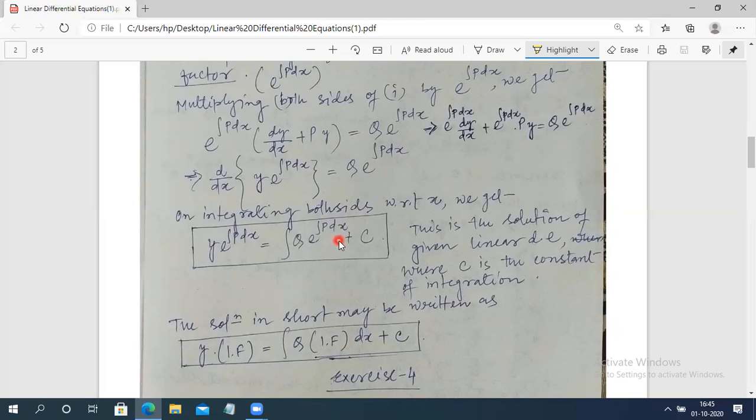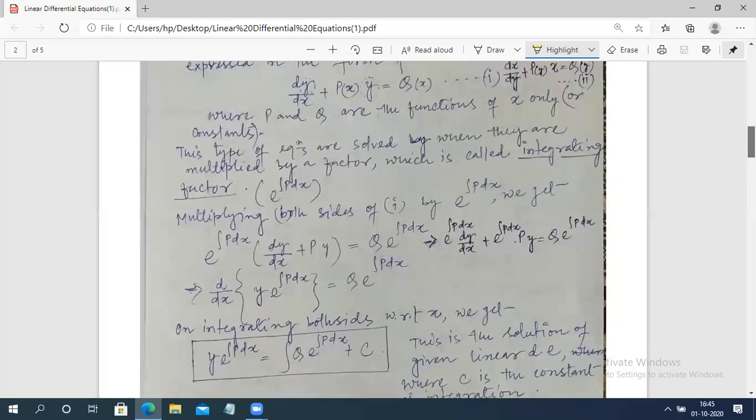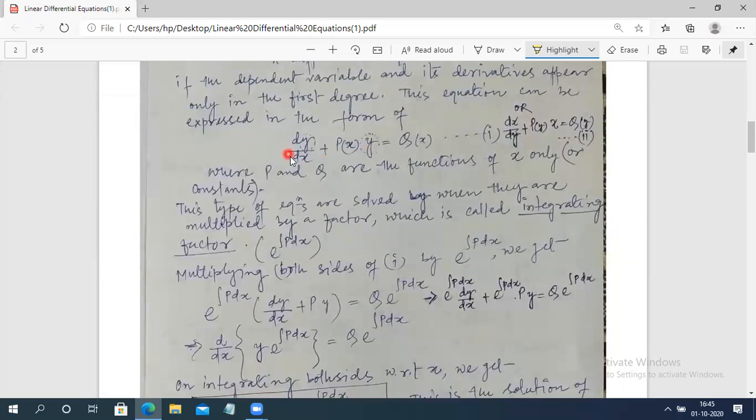Here there will be one dx also, with this p, integration p dx, and here there will be again one dx, plus c.